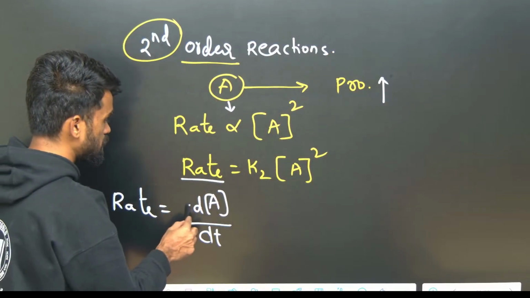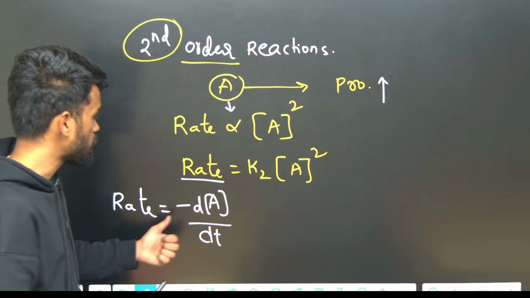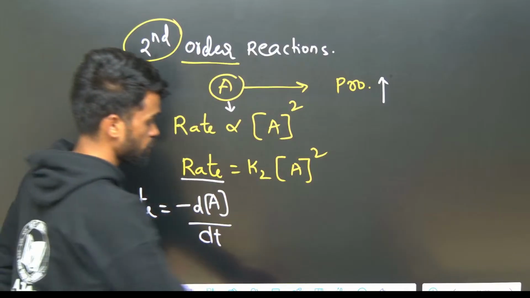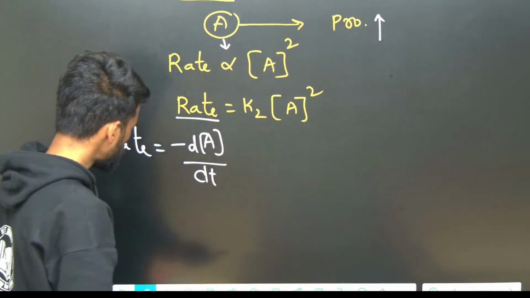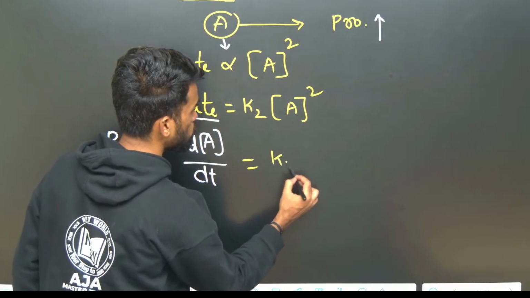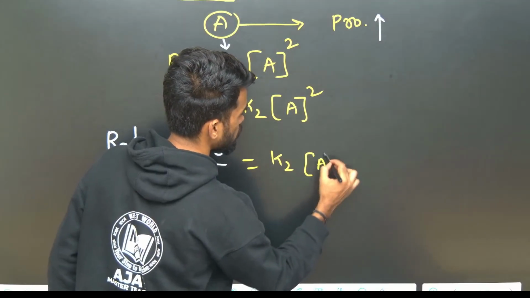So you write minus. Minus dA by dt represents the decrease in concentration of reactant for this reaction. So rate is equal to minus dA by dt, which is equal to K2 into concentration of A to the power 2.